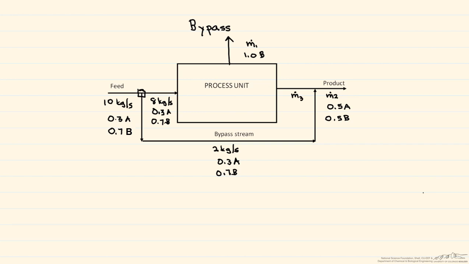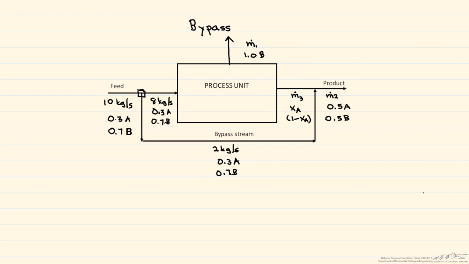When you have a bypass stream mixing with the stream from the process unit, the compositions cannot be the same. So this has some composition XA, and then XB is equal to 1 minus XA. And what we want to do here is find all of these flow rates as well as this unknown composition.